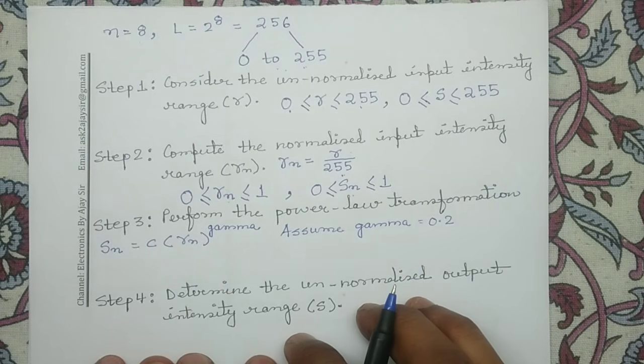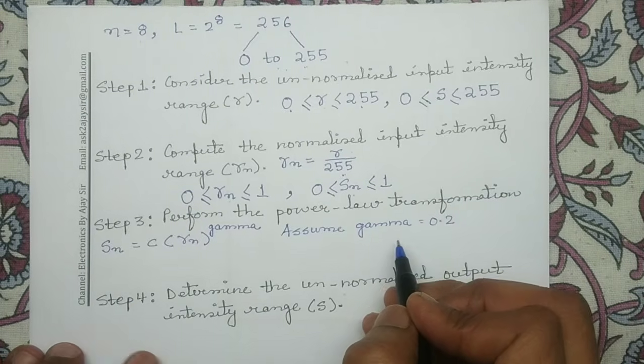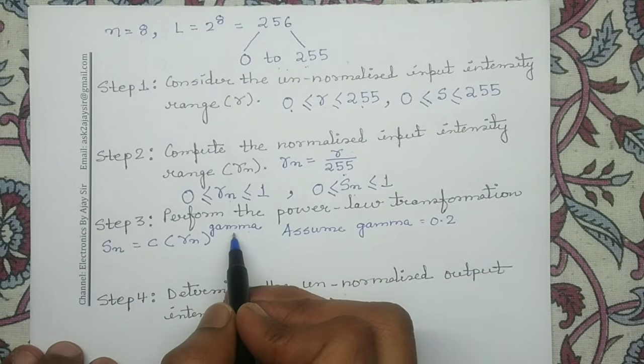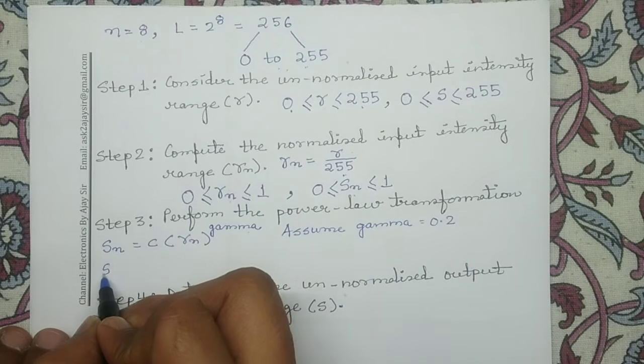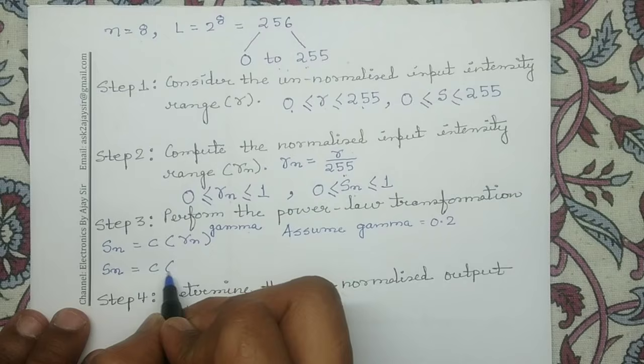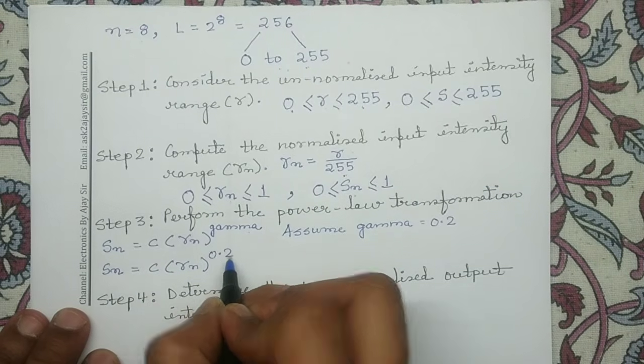So in order to explore the transformation curve of power law transformation for gamma equals 0.2, in this equation of Sn, we will substitute the gamma value, that is 0.2. The equation of Sn becomes Sn equals C Rn to the power 0.2.